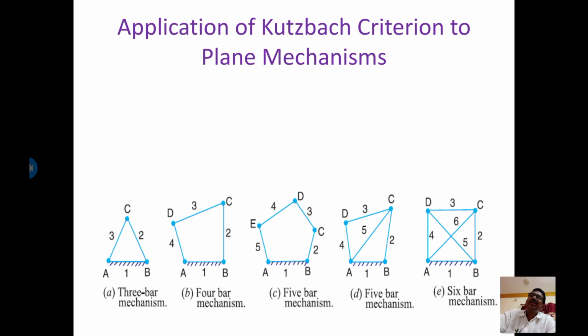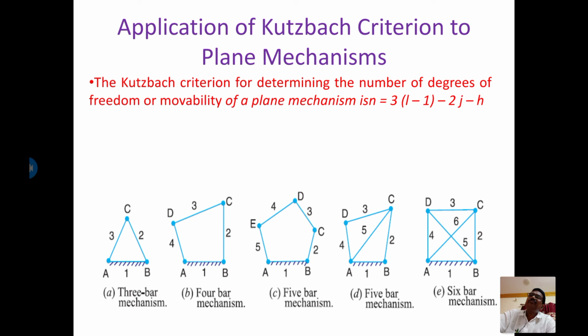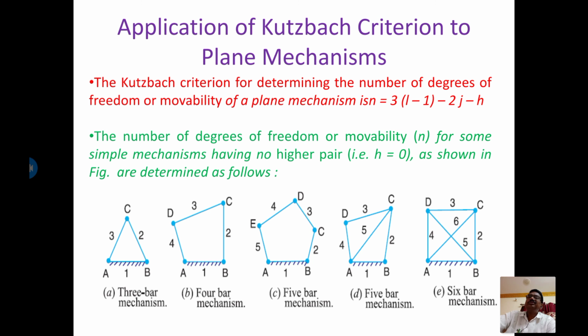First one: number of links is 3, number of joints is also 3. Substituting, higher pairs is 0, so 3 into L minus 1 minus 2J, 6 minus 6, the number of degrees of freedom becomes 0. Therefore for the 3-bar chain, the number of degrees of freedom is 0.